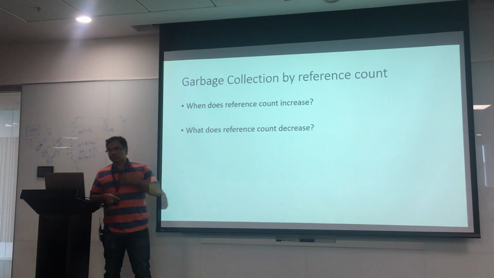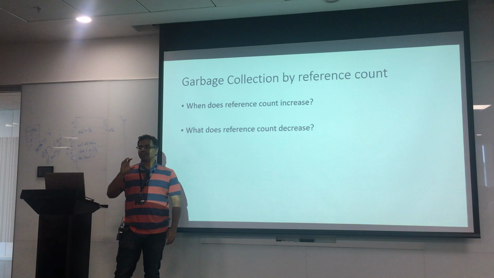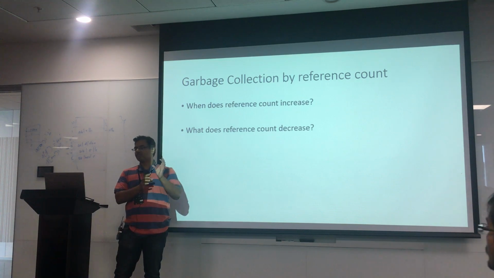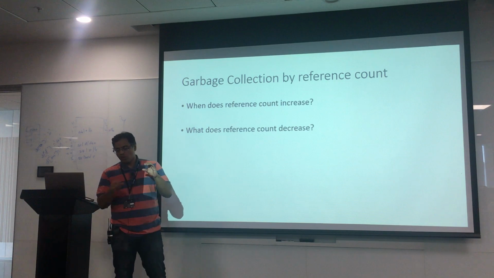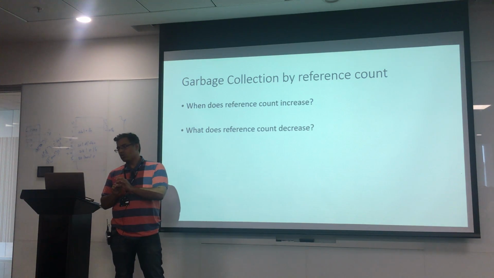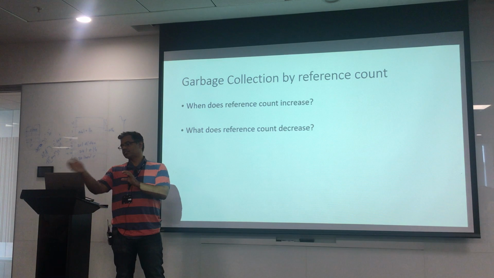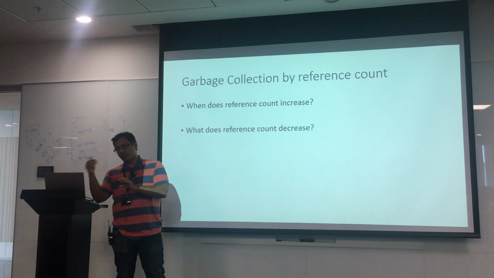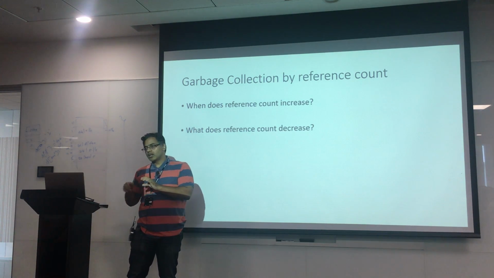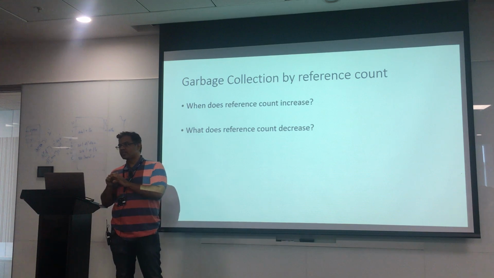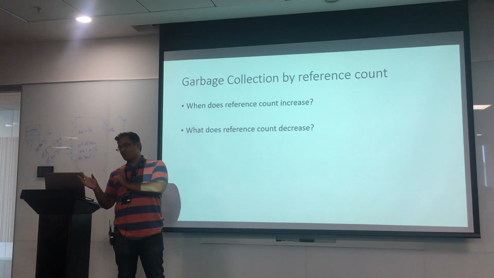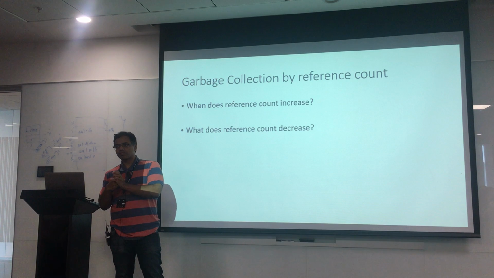I don't have an animation for it, but let's say you have a linked list. There is a head which points to one node, and that node is pointing to the second node, and the second node is pointing to the first node. Now we have a circular reference. When does the reference count of this node become 0?